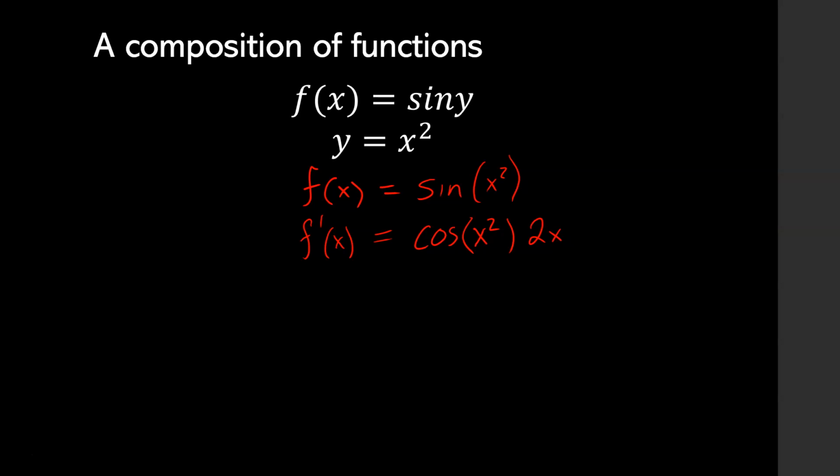What I need to point out is, what is that 2x? Well, y is equal to x squared, which means if we went back up here and took the derivative of y equals x squared, we'd write dy dx is 2x. So really, if we were doing this like we normally do the chain rule, we would have written cosine of y times dy dx.